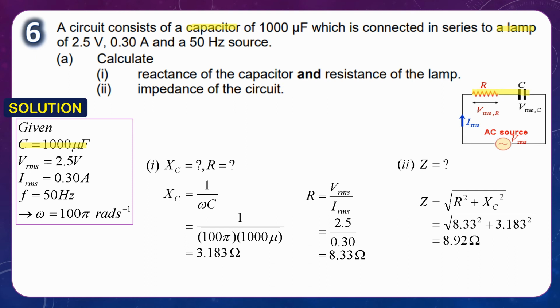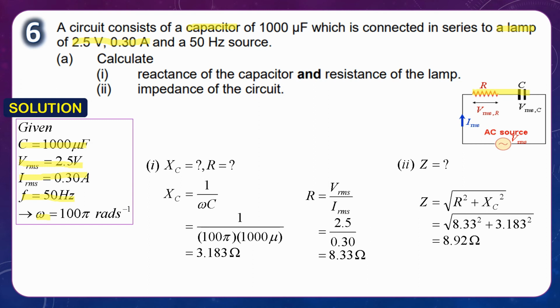The values 2.5 volt and 0.3 ampere actually refer to the RMS value for voltage and the RMS value for current. The frequency given is 50 Hz, giving the hidden information, the angular frequency, which is equal to 2 pi f, or 100 pi radian per second.